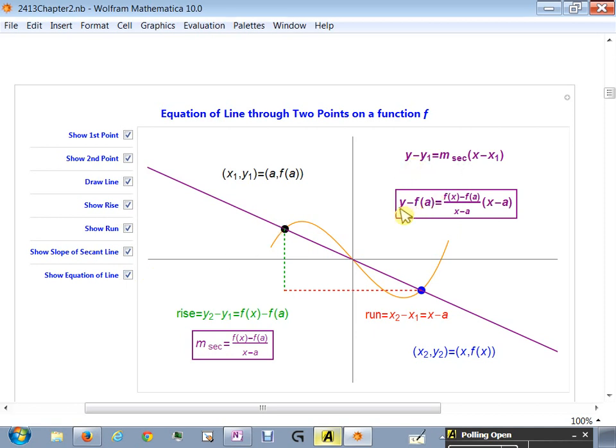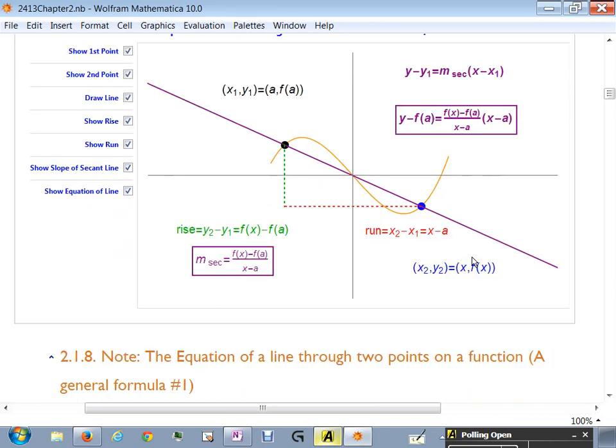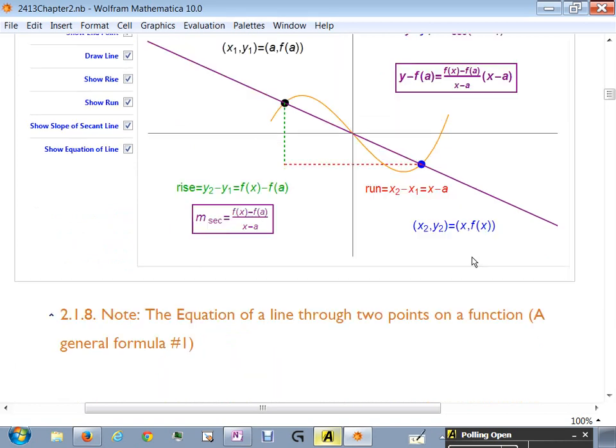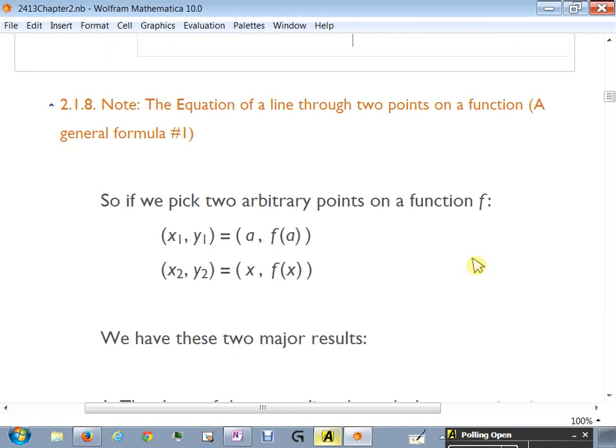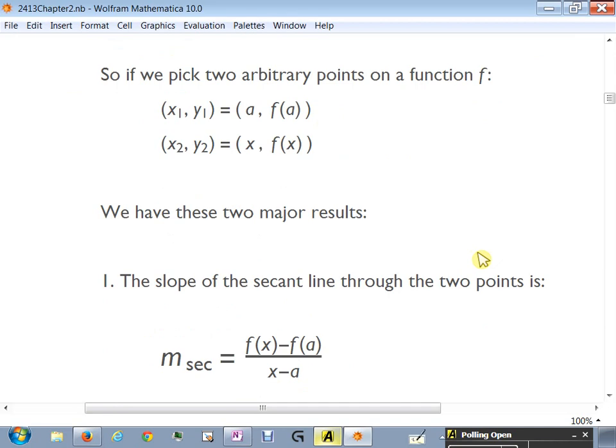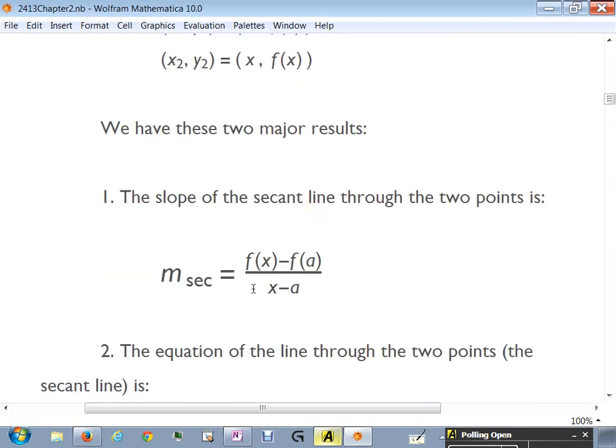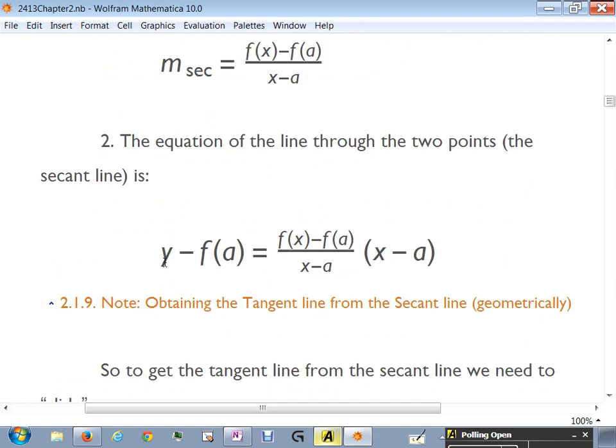It should be y minus f of a equals that ugly slope ratio there, x minus a. So here's our formula. This is just the same thing I'd said in the pictures all written down. There are 2 points. There's the slope of the secant line, which leads to the equation of the secant line.